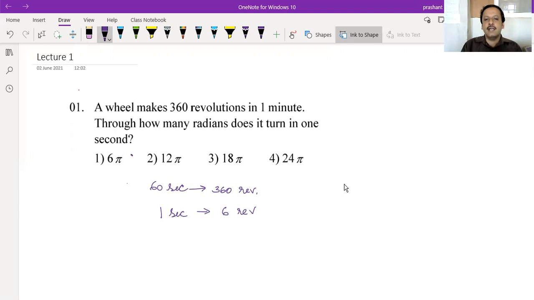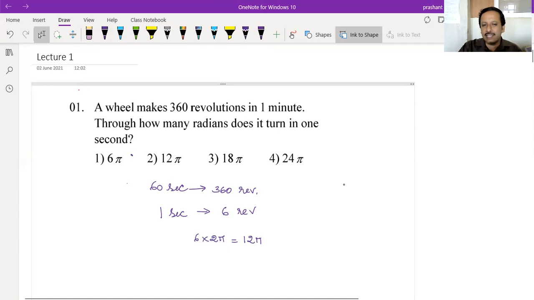Now the question is, through how many radians does it turn in 1 second? In one revolution, that means in one full cycle, it makes an angle of 2 pi radians. Therefore, in 6 revolutions, the angle covered is 6 into 2 pi, which is equal to 12 pi radians, which is the second option. Okay, 12 pi radians.